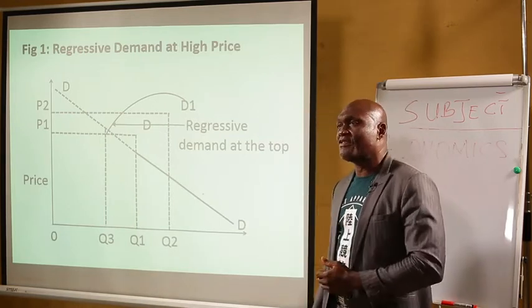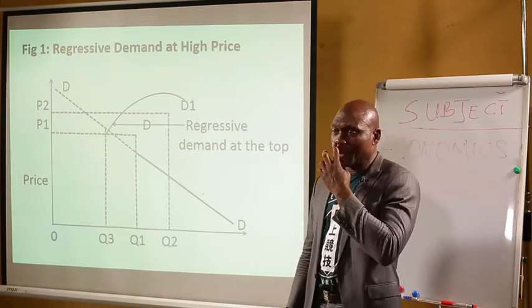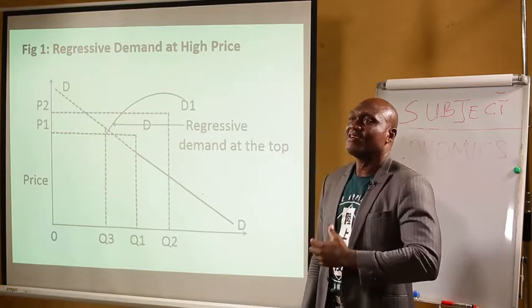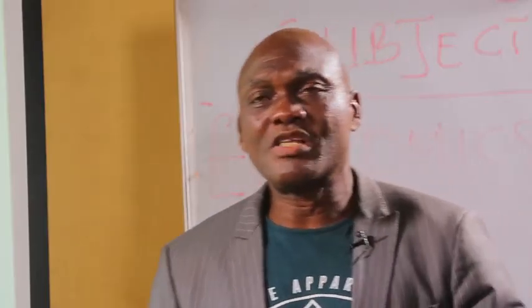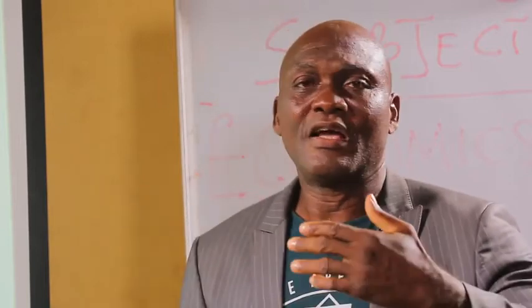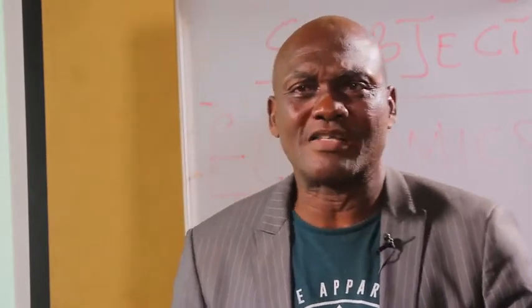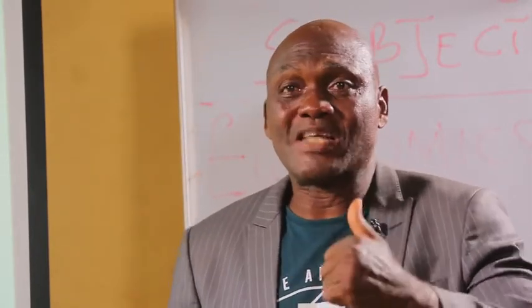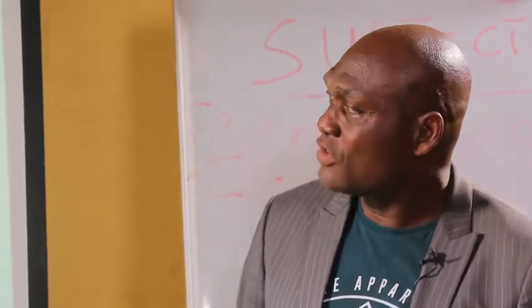Because we have regressive demand at high price and regressive demand at low price. The commodities that exhibit regressive demand at high price are those that consumers buy more when the price is high than when it is low. When the price falls, instead of the consumers buying more because the price has fallen, they seem to relent and buy just a little.